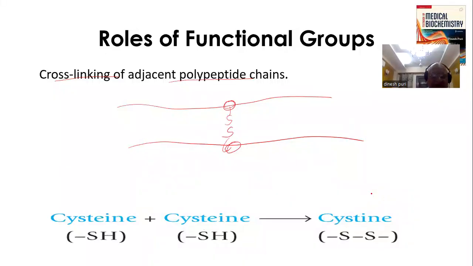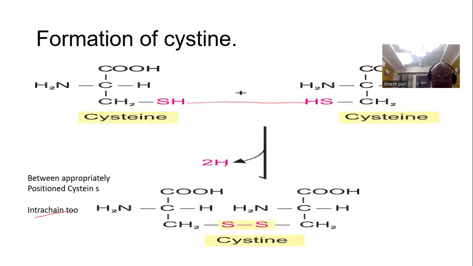For example, cysteine, a sulfur containing amino acid, is involved in cross-linking of adjacent polypeptide chains. For example, this is one cysteine, this is another SH group. You can see here that by elimination of hydrogen they can form a dimeric structure. This dimeric structure is called cystine.